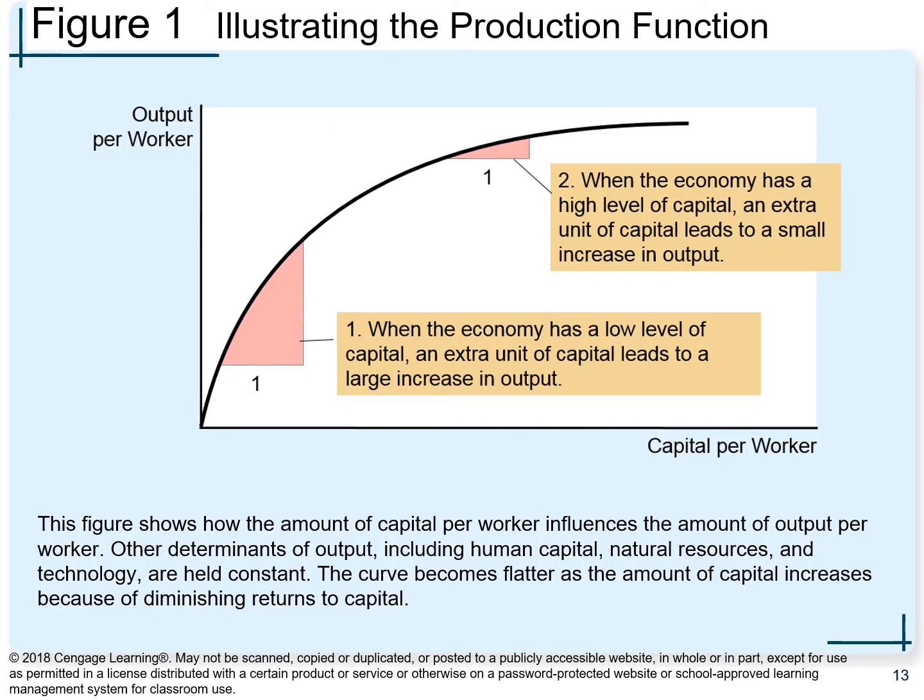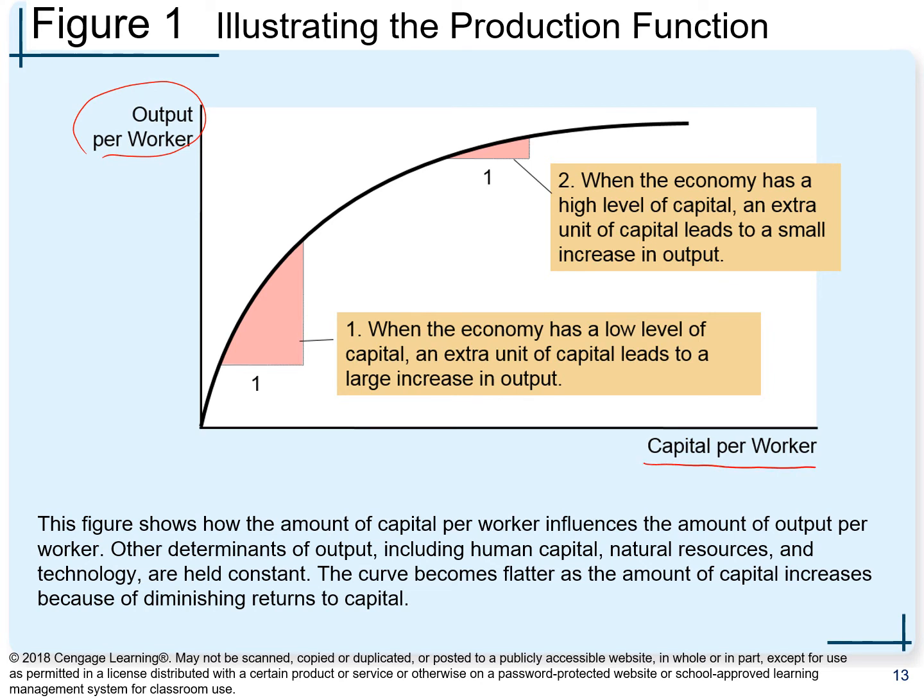Look at this graph, which shows diminishing returns. Let's say in this panel, the vertical line shows output per worker. So productivity shows on the vertical line, and the horizontal line is capital per worker.